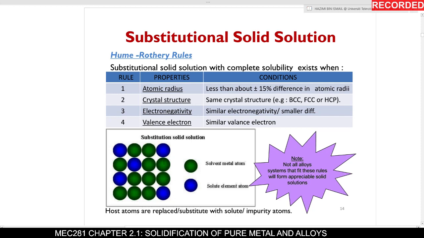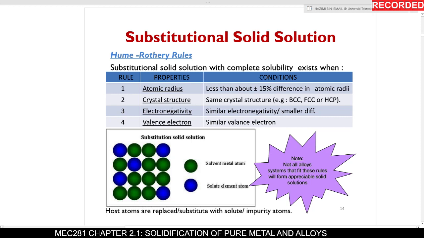If the solvent is BCC, body centered cubic crystal structure, then the other element, the solid, must also be BCC. If not, you cannot obey the rules, so it cannot be a substitutional solid solution.